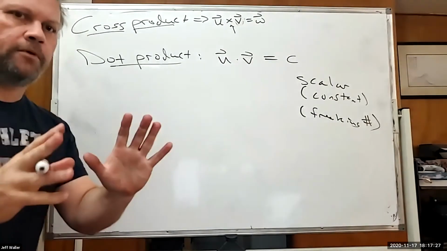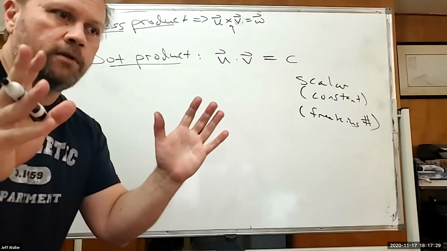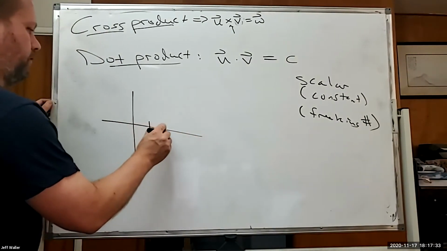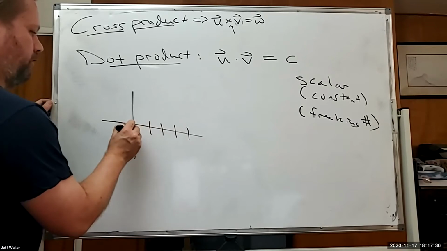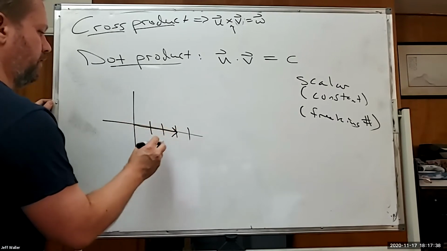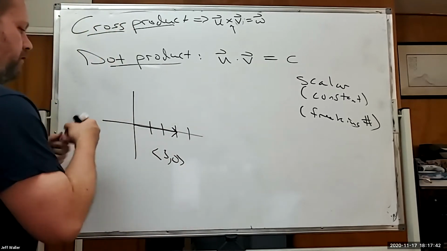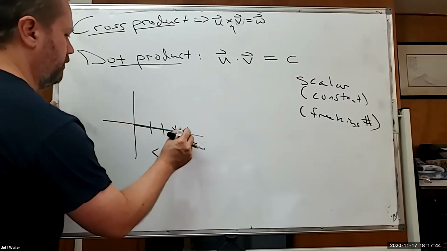So let me show you an example of something we already know. Here's one vector, that's the vector 3, 0. Here's another vector, that's the vector 4, 0.